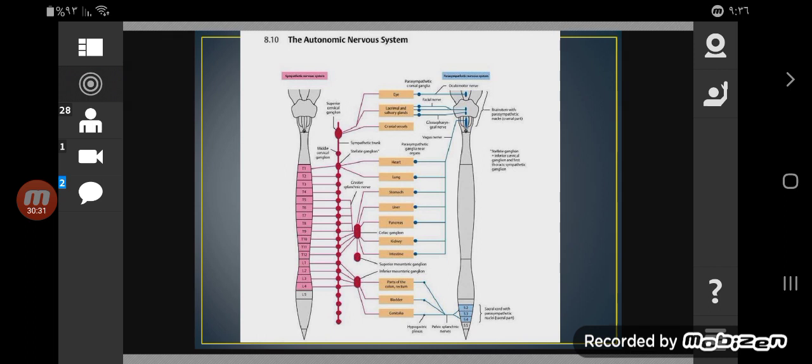This is the autonomic nervous system, a general schematic picture of the autonomic nervous system. The autonomic nervous system mainly consists of sympathetic and parasympathetic parts.